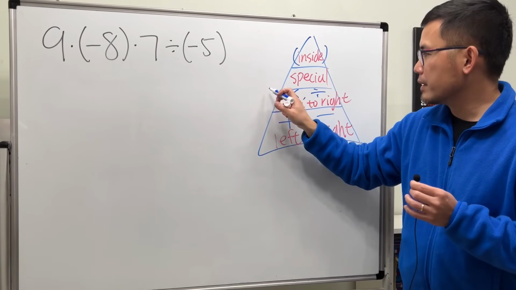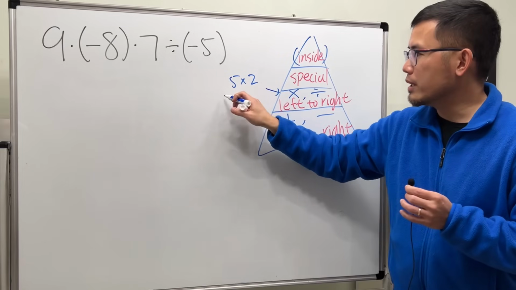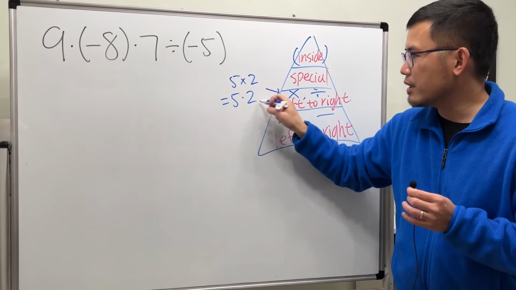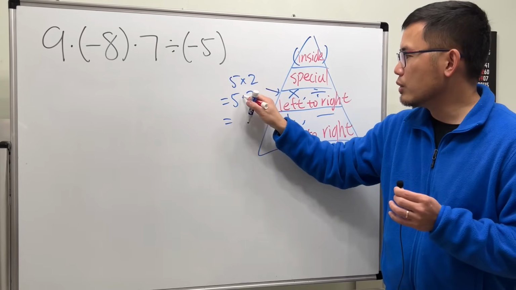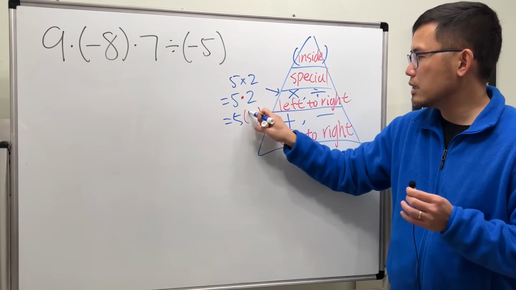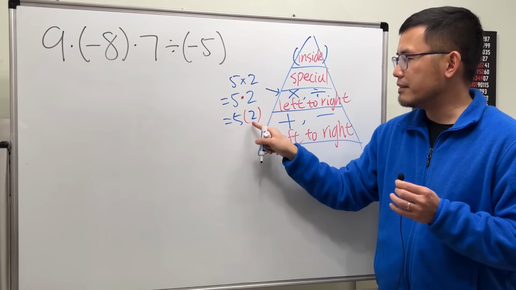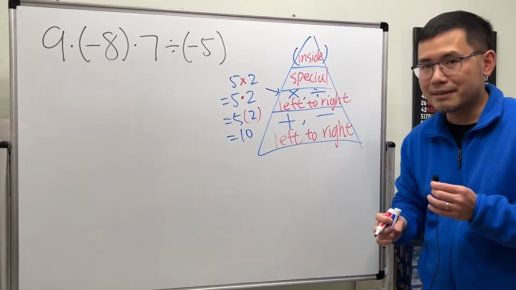For example, we can say 5 times 2 like this, but we can also write it as 5 with a dot right here. This is also 5 times 2. And lastly, we can also replace the dot with parentheses like this, 5 times 2, so you get 10. Keep all this in mind.